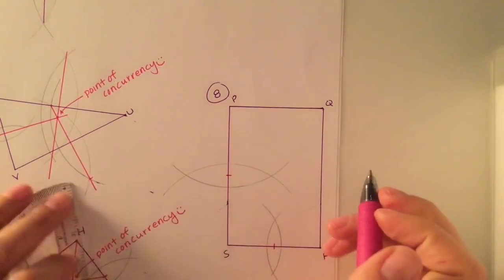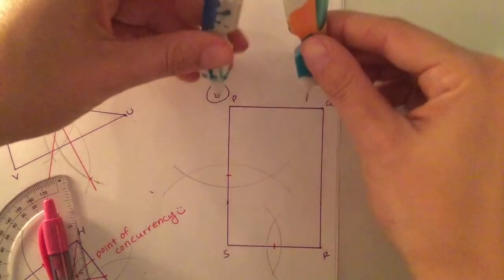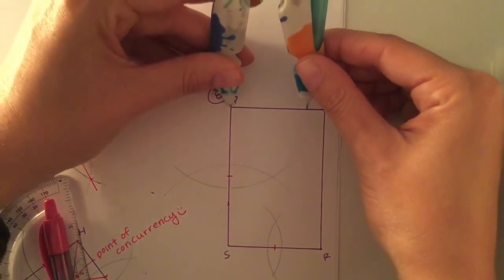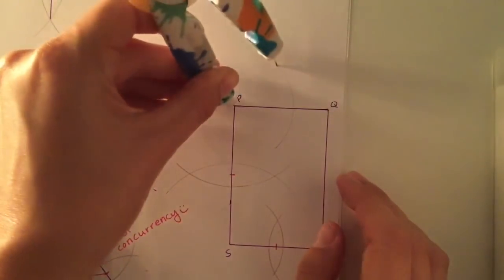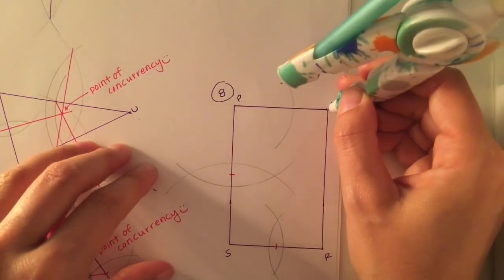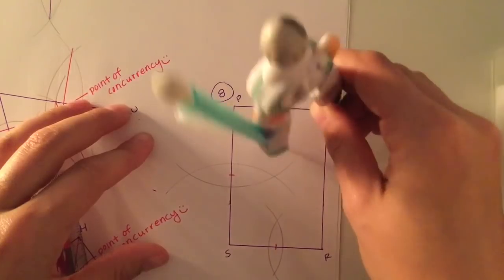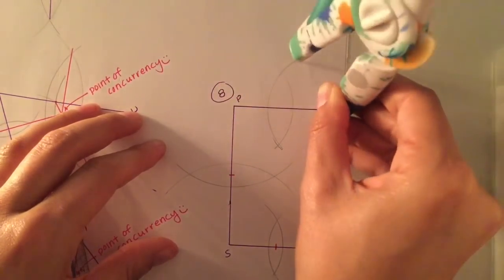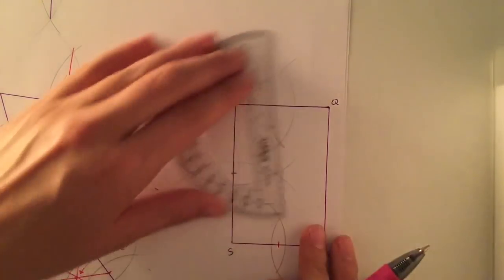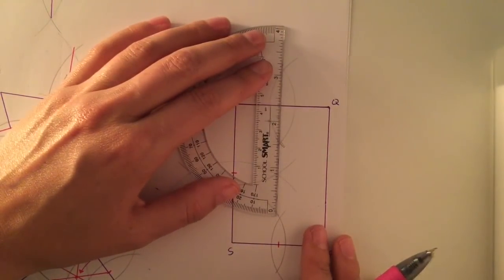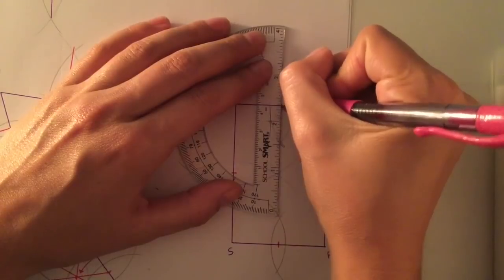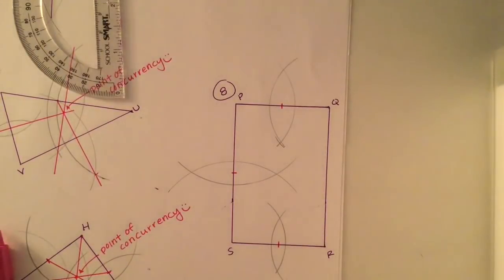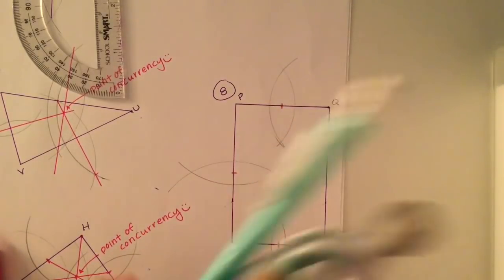Next side, PQ, compass point on P, open it more than halfway, draw an arc, turn it around, draw the same arc, line up the intersections, here's my midpoint. And then for the last one, I drew mine a little close to the edge, so I'm going to do the same strategy as number 3.